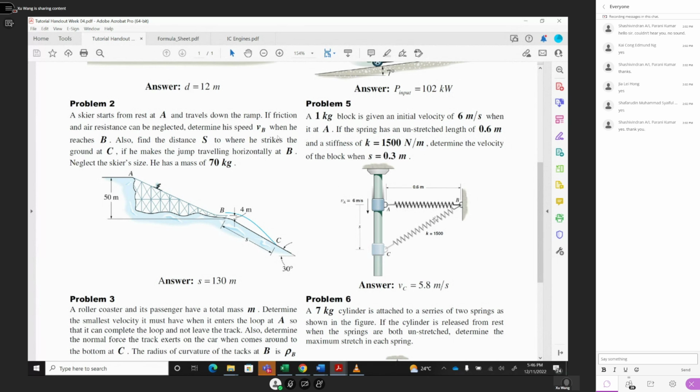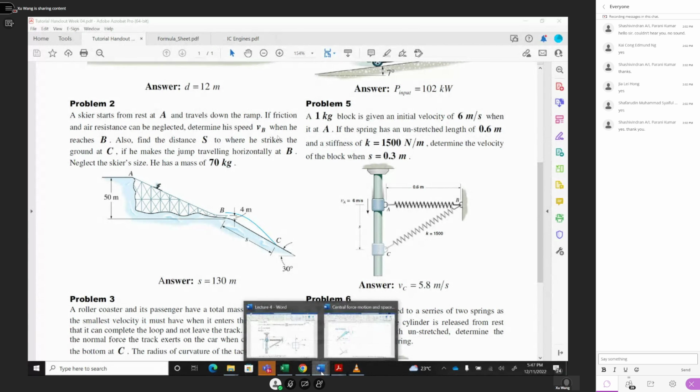Multiplied by k, this gives half of k delta x squared, the spring potential energy. So at this position you have spring potential energy and kinetic energy; at the other you have gravity potential energy plus kinetic energy. With conservation, total energy at this position equals total energy at the other.